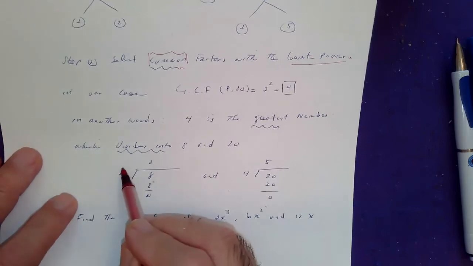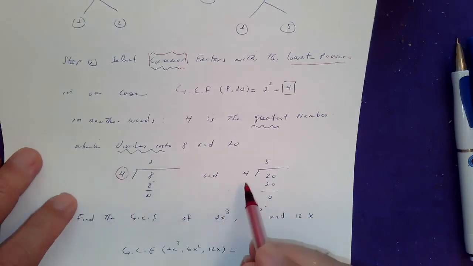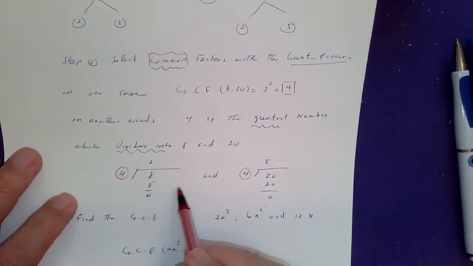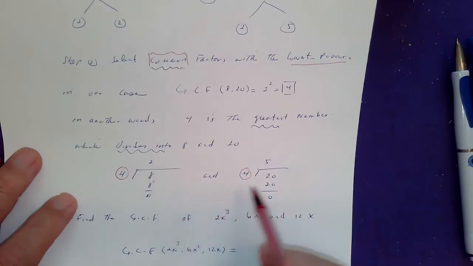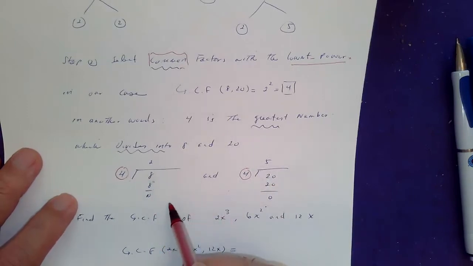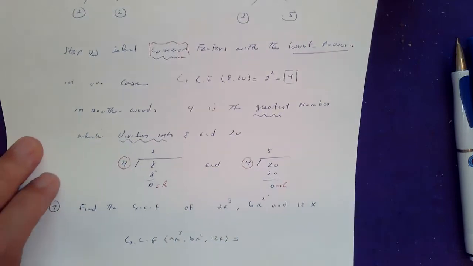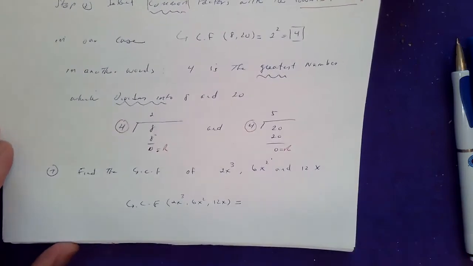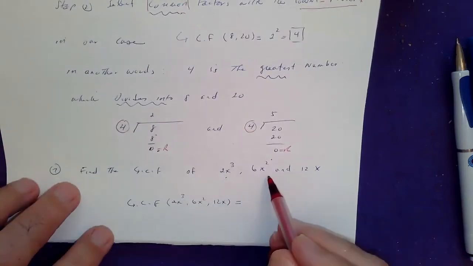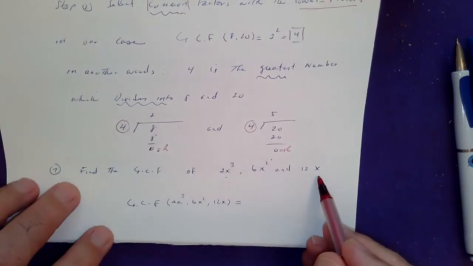That means come up with the largest possible number which divides into your given numbers with no remainder. So the remainder has to be what? 0. So what would be the greatest common factor of 2x cubed, 6x squared, and 12x?